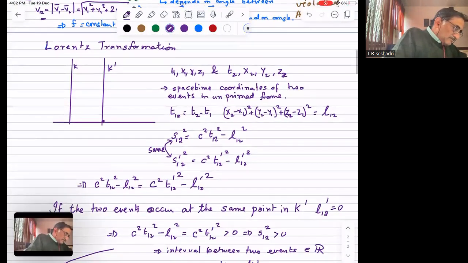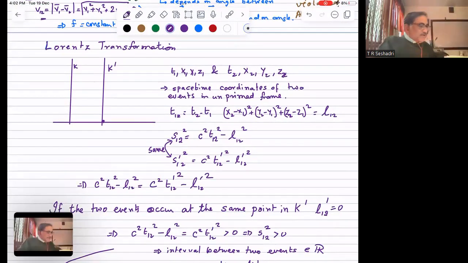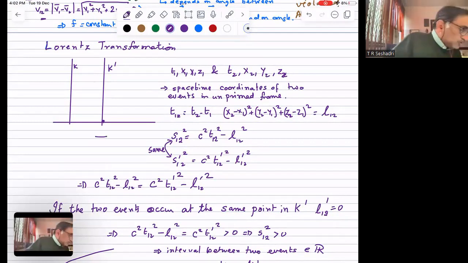Now, we need to connect all this to what is Lorentz transformation. So let me consider two frames, unprimed and primed, or 1 and 2. Suppose I have the space-time coordinates of two events, T1, X1, Y1, Z1, and T2, X2, Y2, Z2 in the unprimed frame.